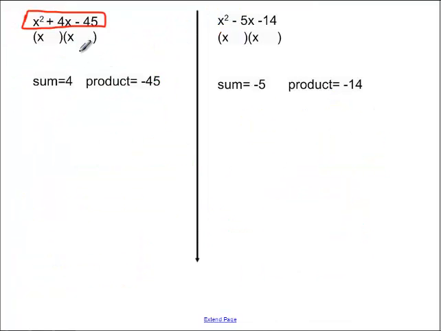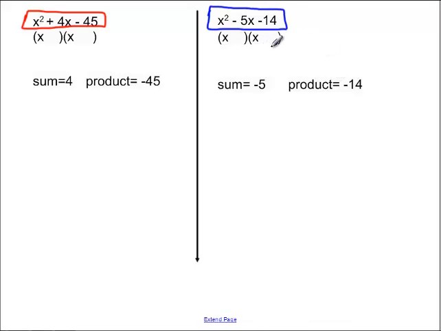Alright, and sometimes these are going to jump out at you. This was our homework assignment for the previous video. So let's go through some more examples. Here's, again, x squared minus 5x minus 14. Sometimes it jumps out at you what the factors are. Sometimes it doesn't. If it doesn't, especially when the numbers get larger and larger and when a is not equal to 1, you might want to go through this process.